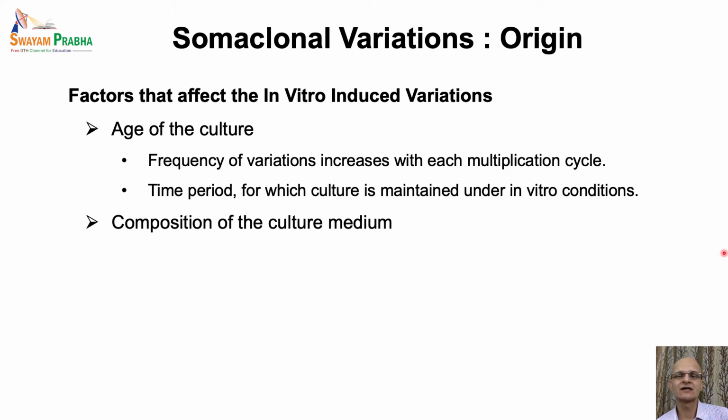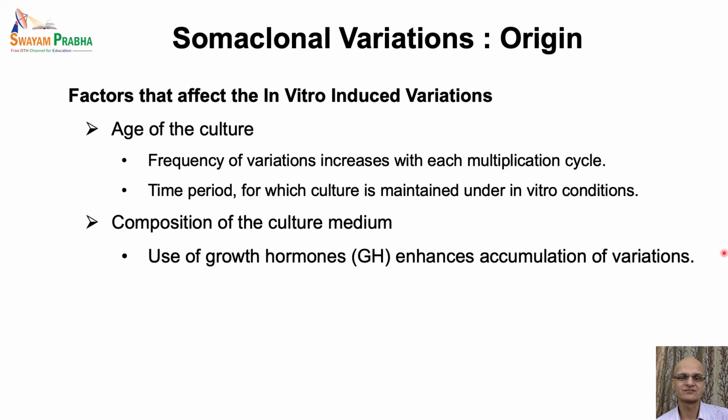Then second is the composition of the culture medium. Now, during the regeneration process, right from the explant inoculation or incubation on the culture media to the regeneration of the plantlets, at every stage of the tissue culture, different plant hormones are used. These may be used in different combinations or at different concentrations.